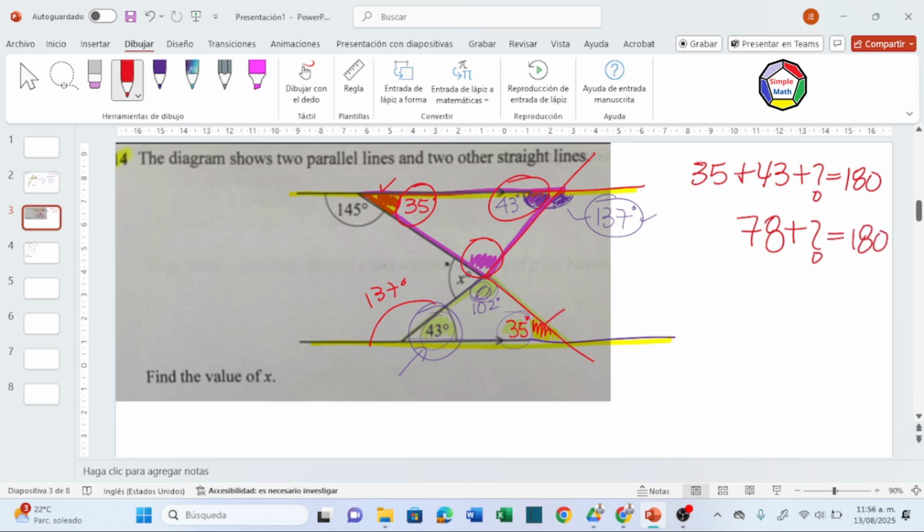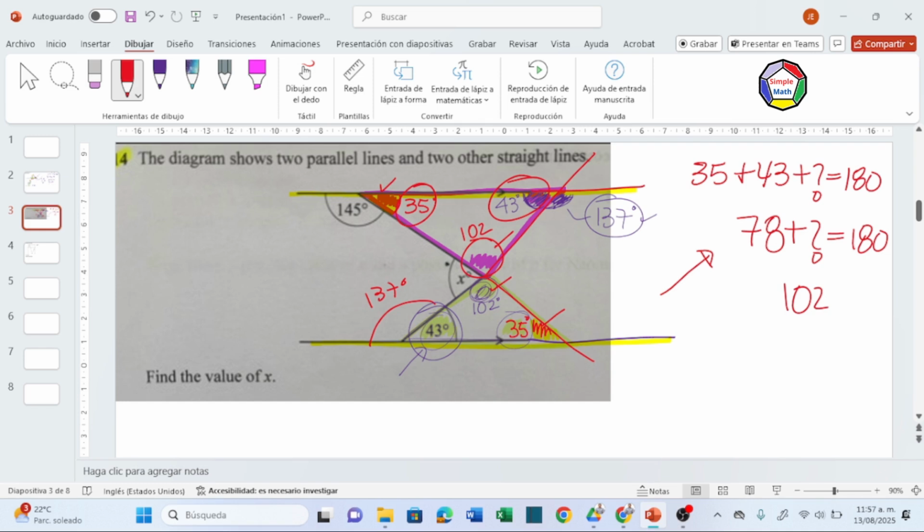And guess what? In other words, we need to subtract 78 from 180. The answer is 102. Yes, and the other reason is because this angle and this angle are vertical angles. So this one is 102.